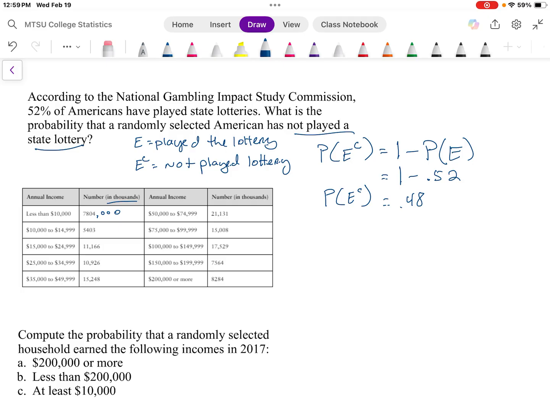They asked us to compute the probabilities that a randomly selected household earned the following incomes in 2017. So they asked us to do the probability that X is greater than 200,000. Sorry, my pen's acting a little quirky.